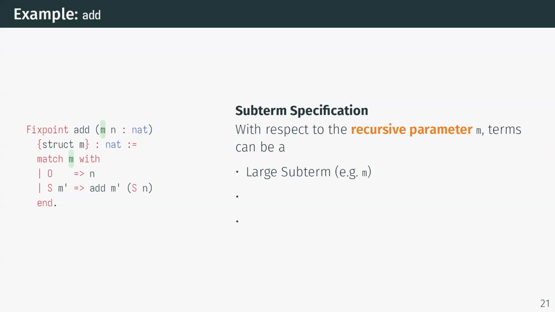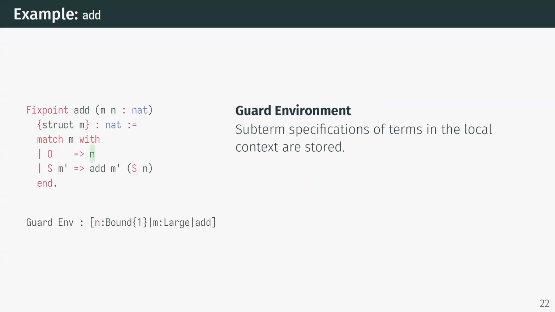Written as struct m, it means that the 0th argument is the recursive argument, and then it is the recursive parameter. So every term has a subterm specification, which means that, for example, m is a large subterm with respect to m. m' obtained from destructing m is a strict subterm, okay? And n, for example, is unrelated, so it's not a subterm.